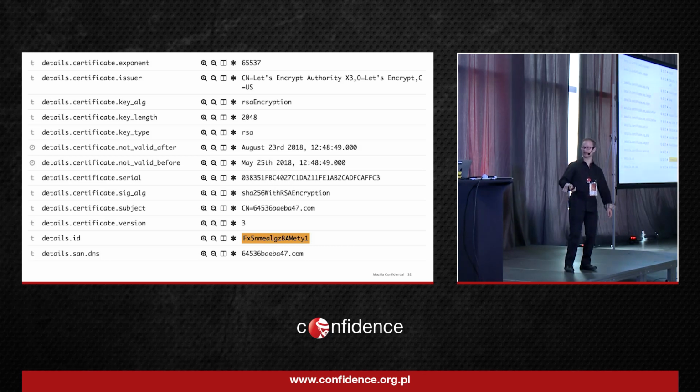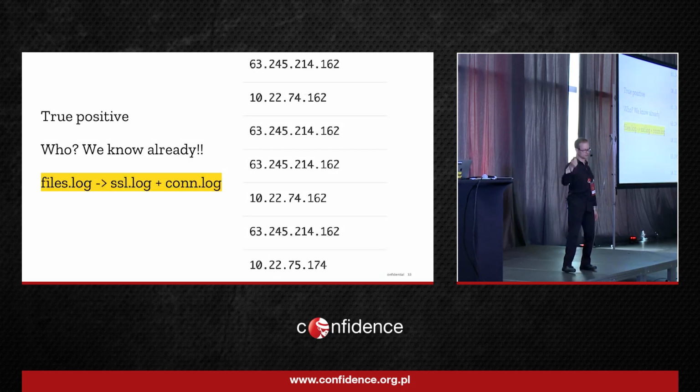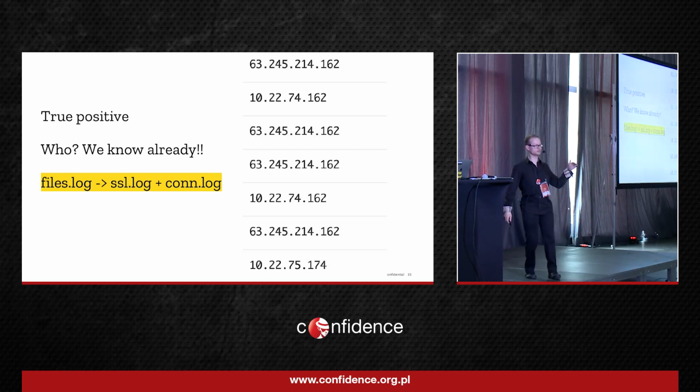I compare this data against abuse.ch. It's a match. I know I have a true positive. I know who tried to connect to those hosts. And by pivoting through various kinds of logs, through various kinds of metadata that I store about every connection in my network, I am able to confirm the infection this way.